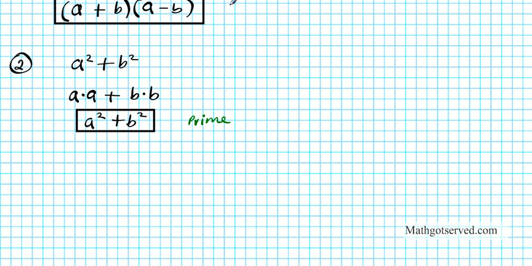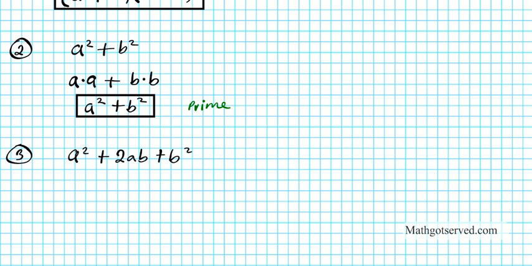Alright, let's try another example. Example number 3. What if we had the expression a squared plus 2ab plus b squared? Now this is the formulation for the perfect square trinomial. So to factor this is a trick we apply here. If you have a perfect square trinomial, you take the square root of the first term and take the square root of the last term, and then you bring down the middle sign.